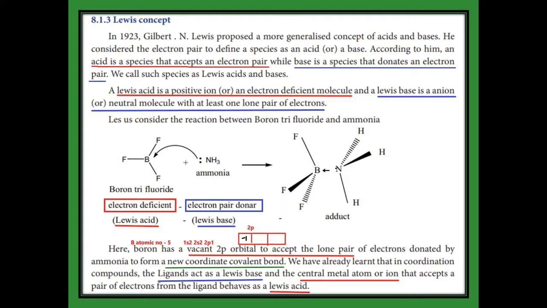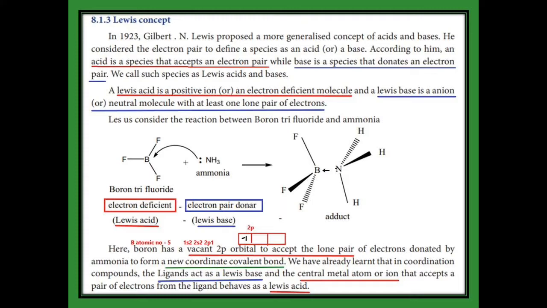Now see the example, boron trifluoride and ammonia. In ammonia, nitrogen contains one lone pair of electrons, and that lone pair is attracted by boron. Why does boron attract the electron? If you look inside boron, atomic number 5 means electronic configuration 1s2 2s2 2p1.